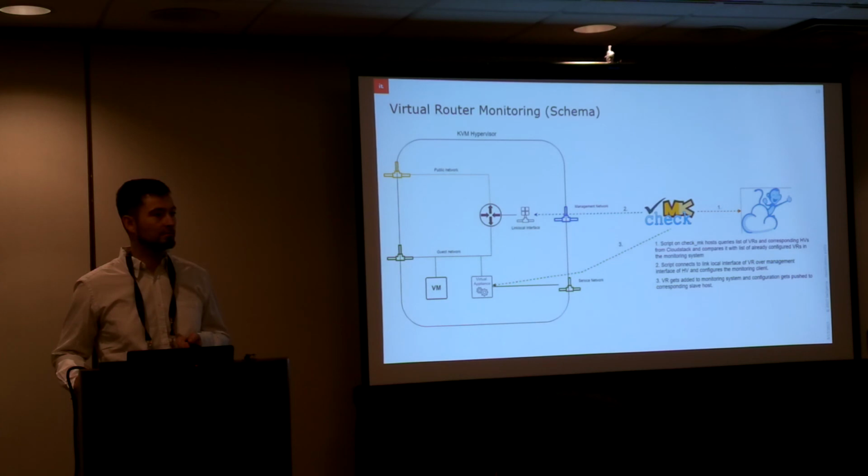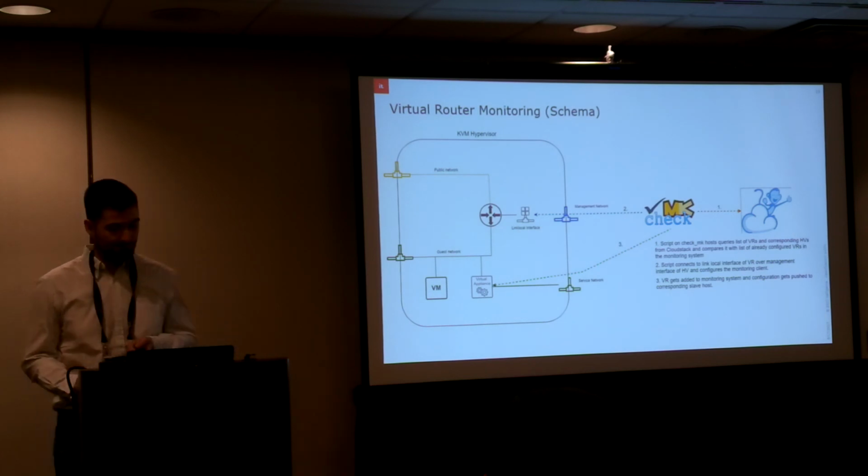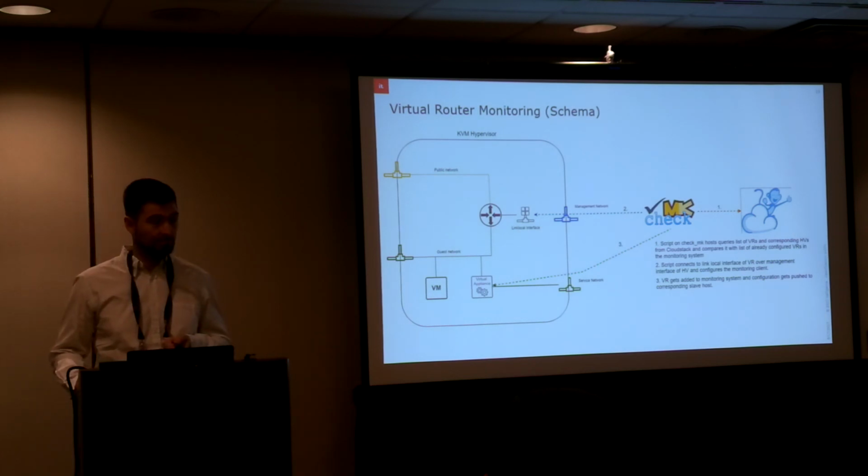If the script runs, you already have a running network with a running virtual router. And the API tells the script, okay, there is a new router. Then we go this way through the KVM hypervisor, install the CheckMK agent, and then the script will configure the monitoring of this new virtual router on this specific project.